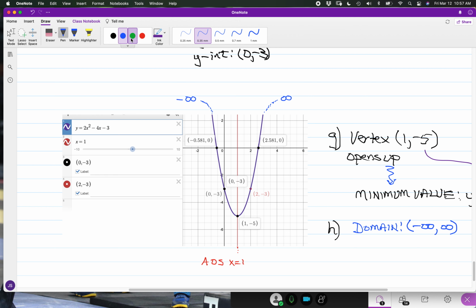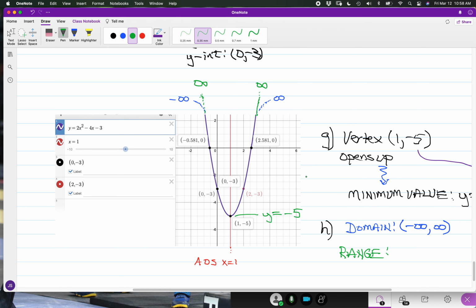Now for the range, you're looking at vertical motion. We're starting from y is equal to negative 5, and that's going to be the bottommost value of y. From negative 5, you have upward motion, and for y, the sky is the limit. So you have y increasing on out to positive infinity on the y scale.